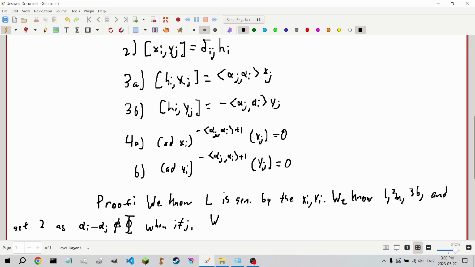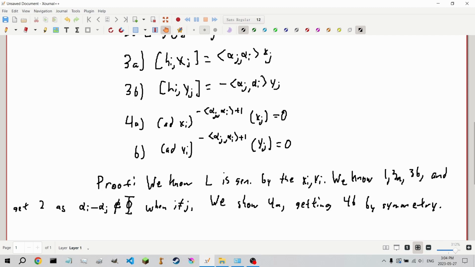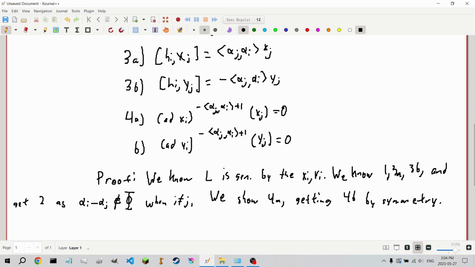Now we're going to show 4a, getting 4b by symmetry. These are both i not equal to j.